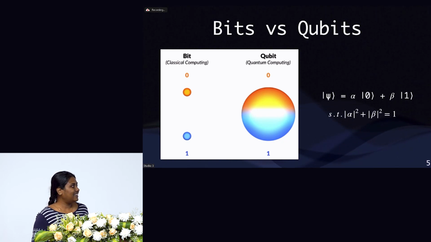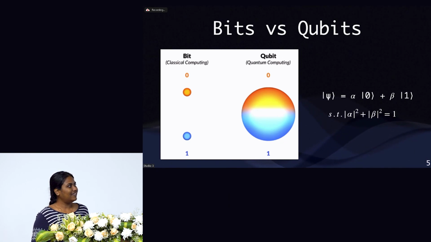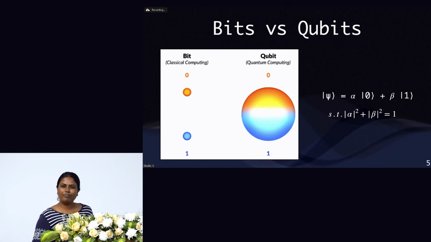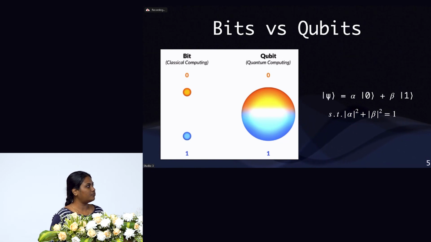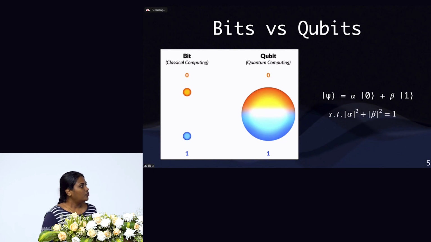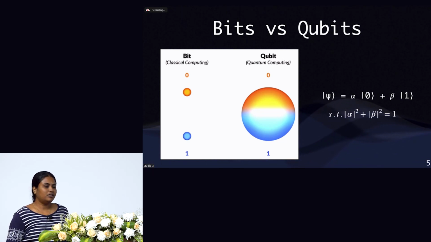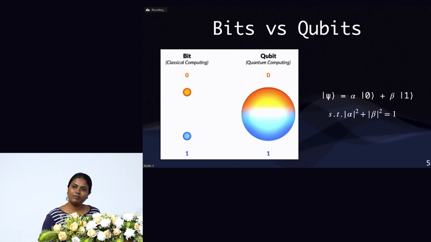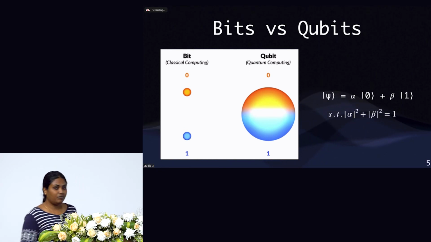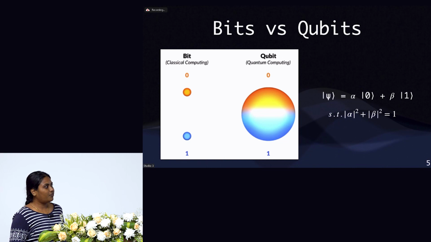A bit is either orange or blue, but qubits are some percentage of orange and some percentage of blue. This particular qubit has almost 50% orange and 50% blue. If I try to measure this qubit, there is a 50% chance that I end up with a 0 measurement, and a 50% chance that I end up with a 1 measurement.